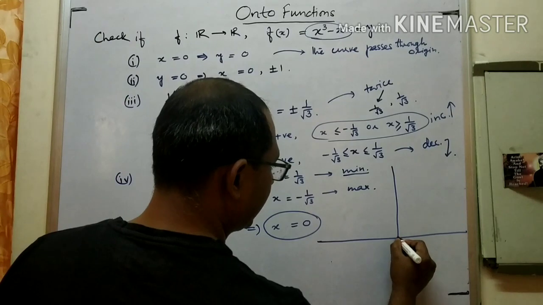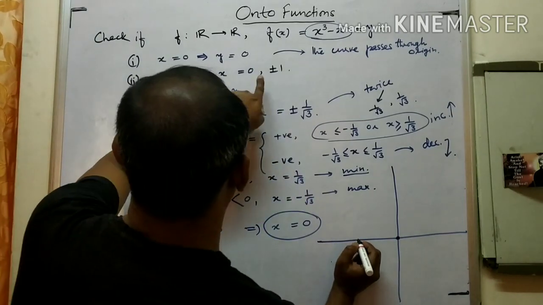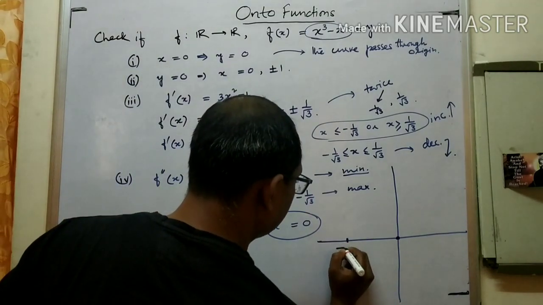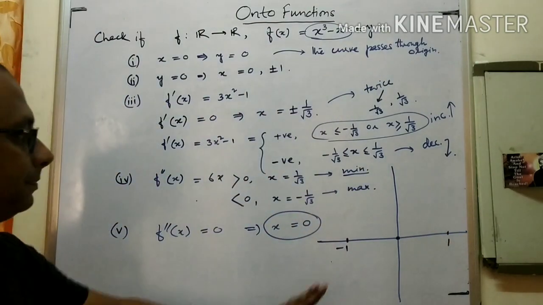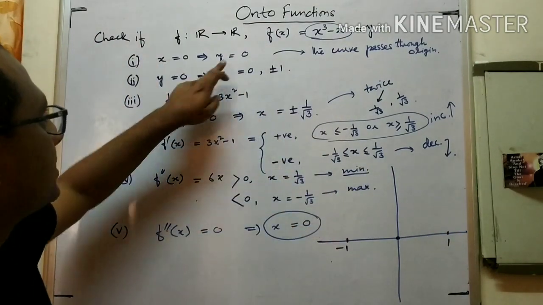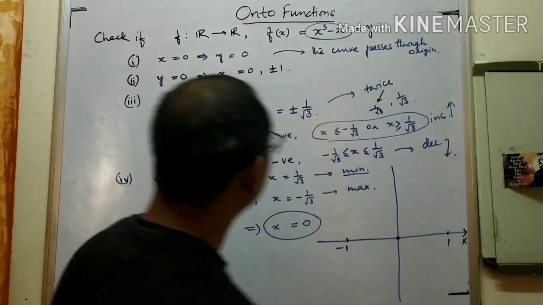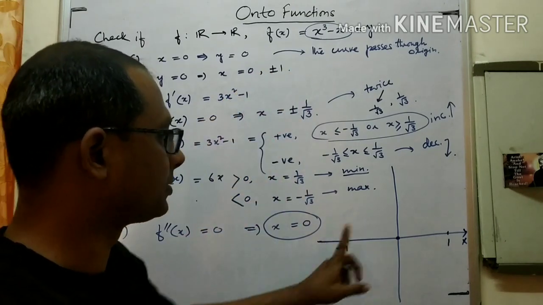Definitely it will pass through x equal to 0, y equal to 0, and it is passing y equal to 0 at x equal to plus minus 1. So the graph will cut the x-axis at these points. Let me mark those: the graph of the function will cut the x-axis at 0, minus 1 and 1.